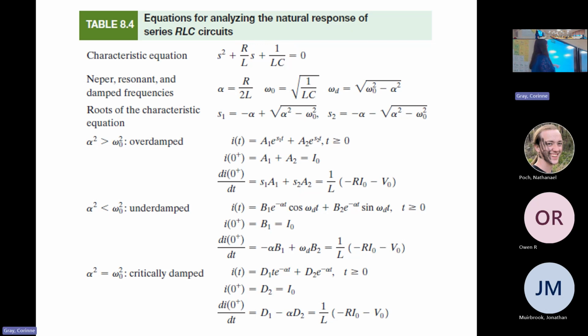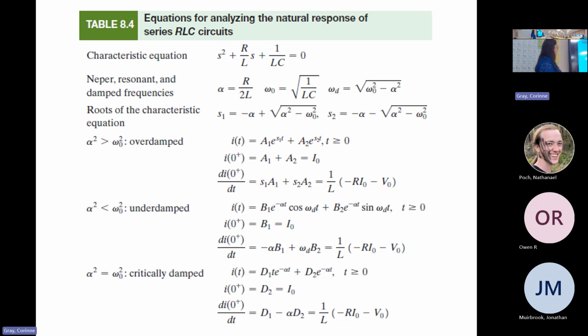You go through, you do that, and you're going to get alpha and your omega naught value. You're then going to square both terms. I don't know why you square both terms, you should be able to tell from now. But you're going to look: is alpha squared greater than, less than, or equal to omega naught squared? Is my neper frequency greater than, less than, or equal to my resonant frequency?